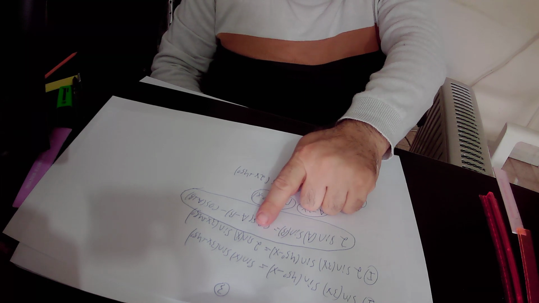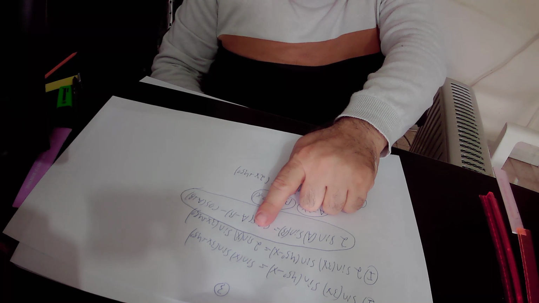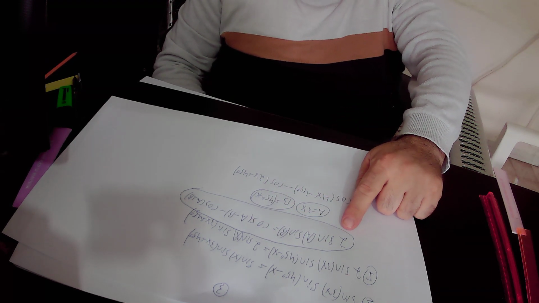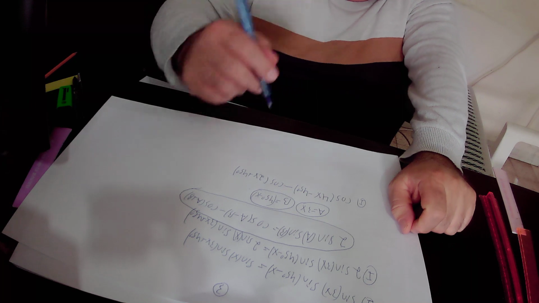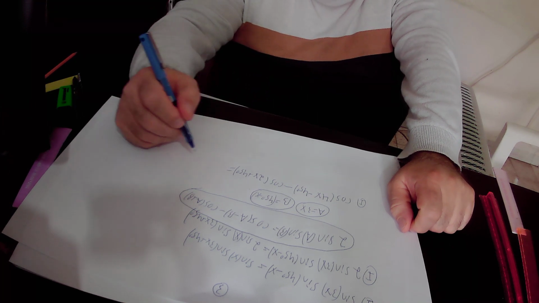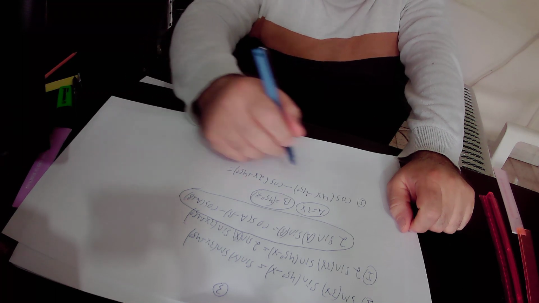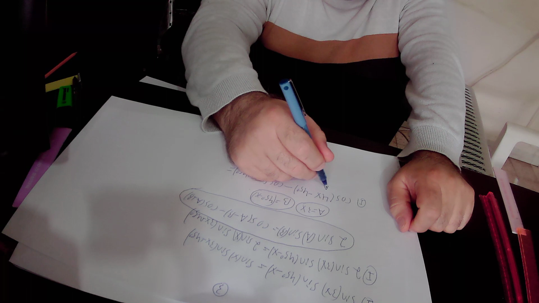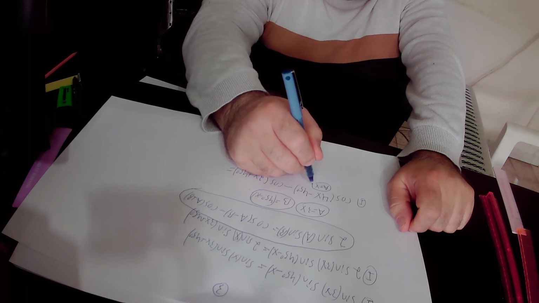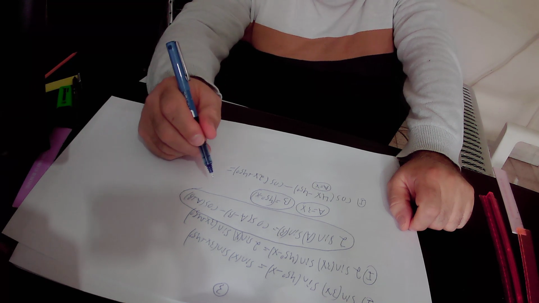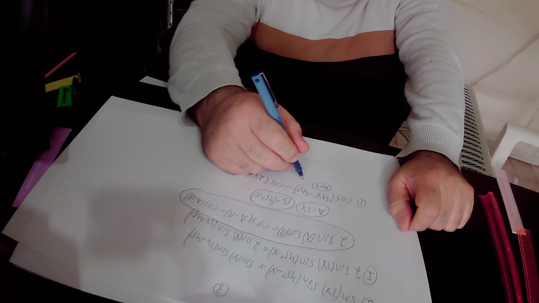Now we will deal with the other side of equation number 1. The value of 2 sine x times sine 3x plus 45 degrees, according to this trigonometric identity. Here we will get that A equals x and B equals 3x plus 45 degrees.